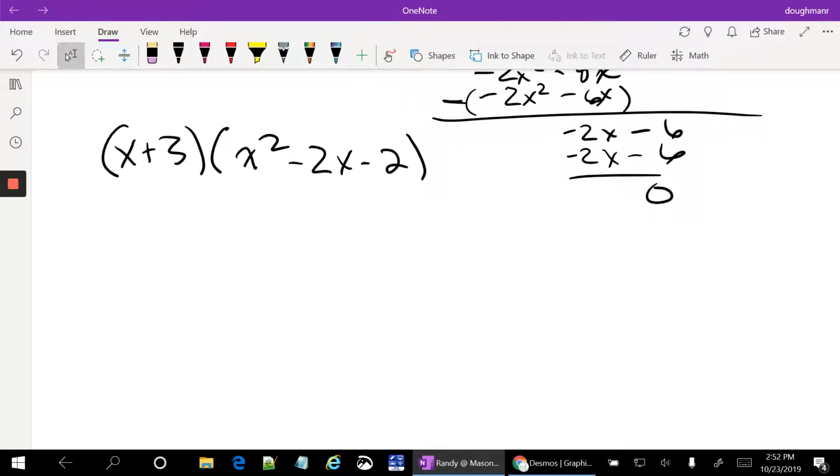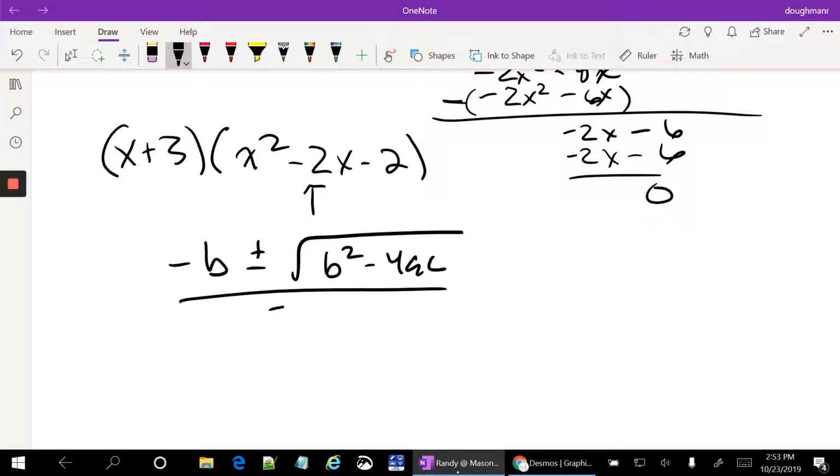Now, once again, I can try and factor that. I don't think it factors very well. And this time I'm going to have to use the quadratic formula to find the zeros here. So remember, the opposite of b plus or minus the square root of b squared minus 4ac all over 2a.